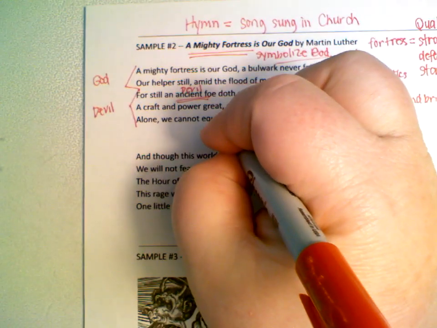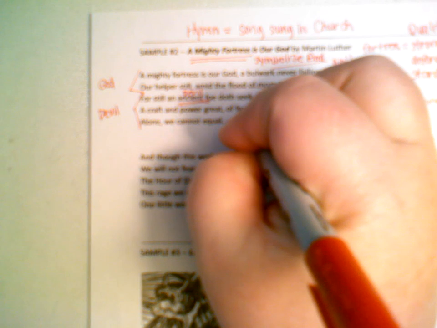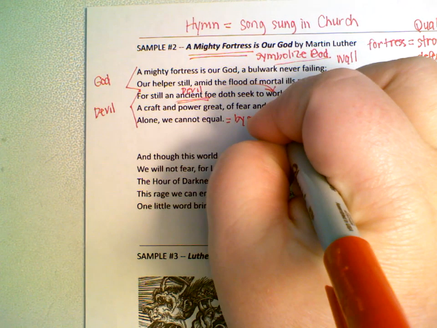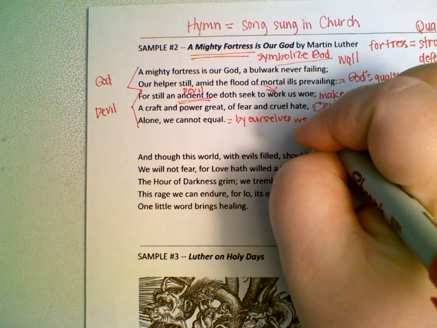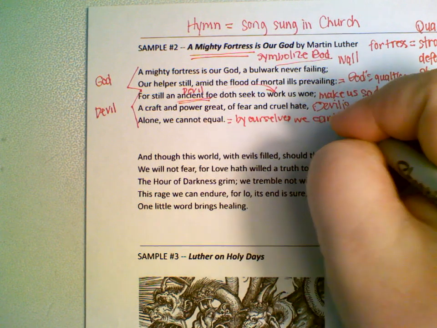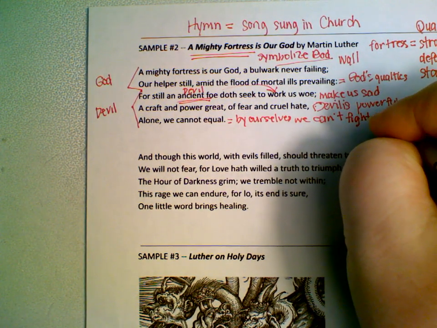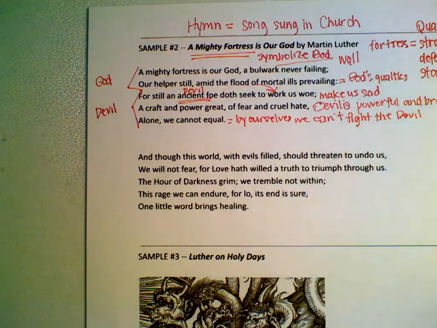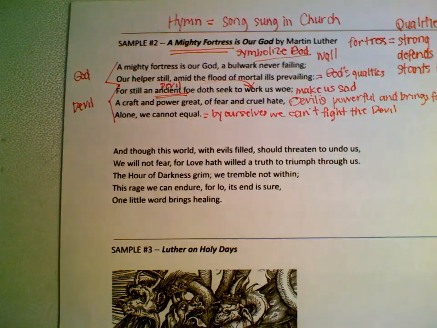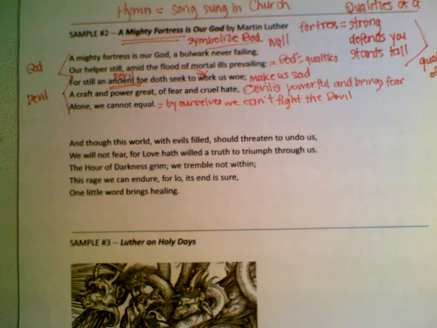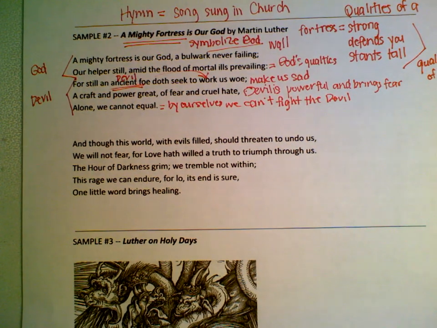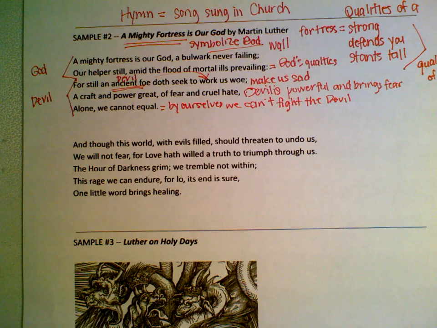This is saying that by ourselves we can't fight the devil. Okay? I need to have other people in order to help me fight against the devil. It can't just be me. So it's a team effort here, okay?